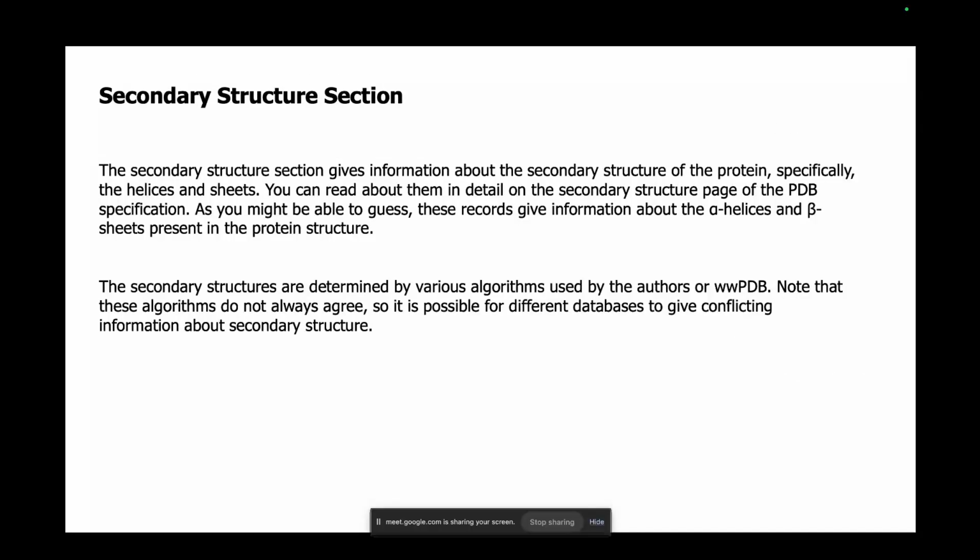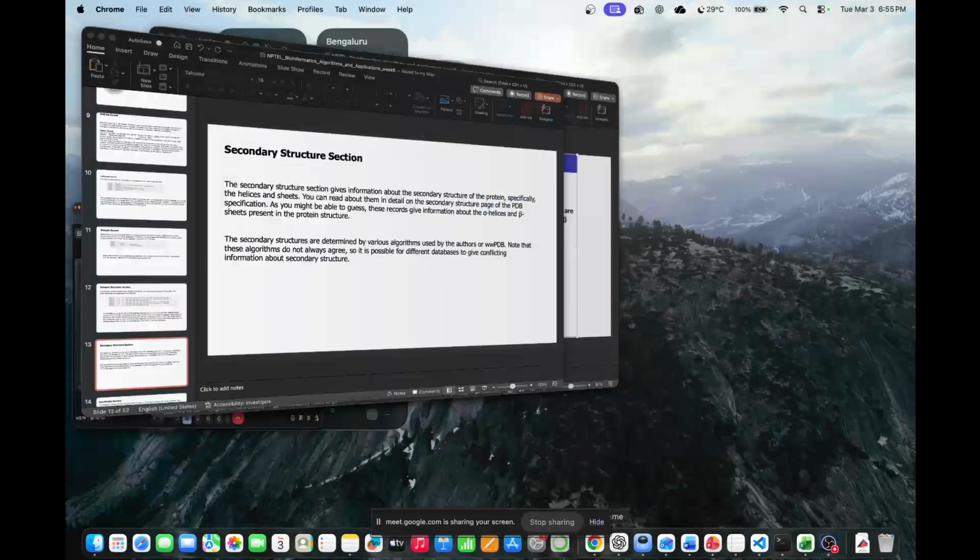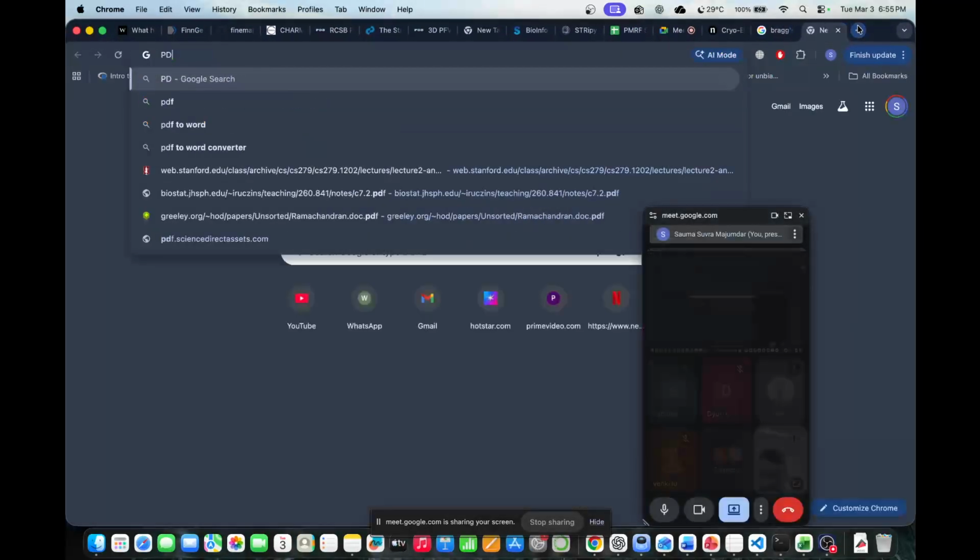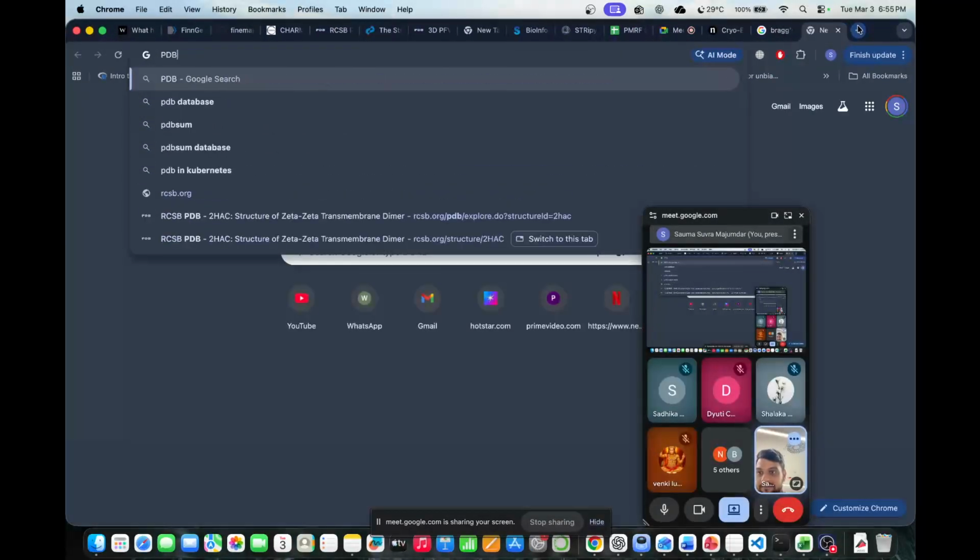Now, the secondary structure is the one that we are interested in, and that PDB is basically used for. It gives you information on the secondary structure of the protein, specifically the helices and the sheets.